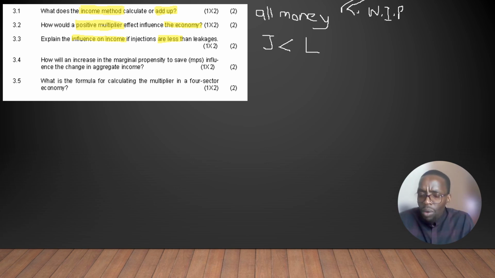Okay, remember our aggregate income is our national income. So if our MPS increases, then what is its effect on the national income? That's what this question is asking about. So I'm just going to highlight what we are asked there, and we are talking about an increase in MPS.